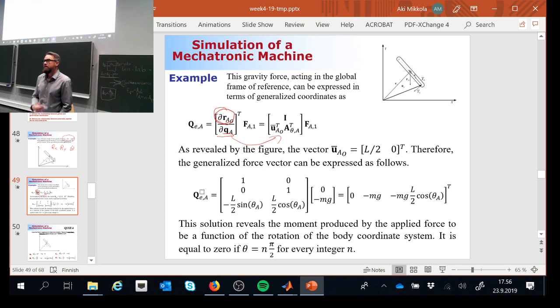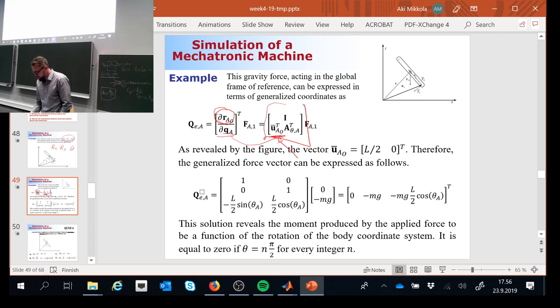So this is already a very sophisticated expression. There's no real need to do this partial operation, but as a result of the partial operation, that is what is coming out. All I needed here is to express this vector U bar, where the force is applying, with respect to the body reference coordinate system.